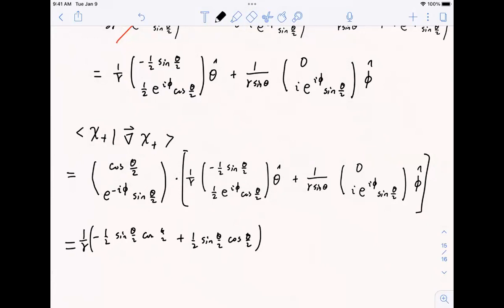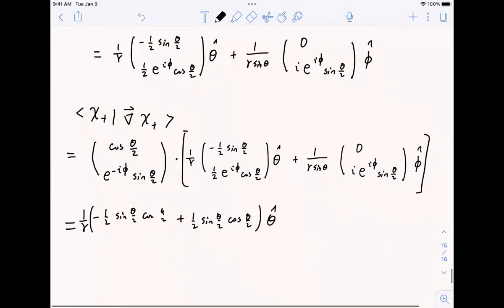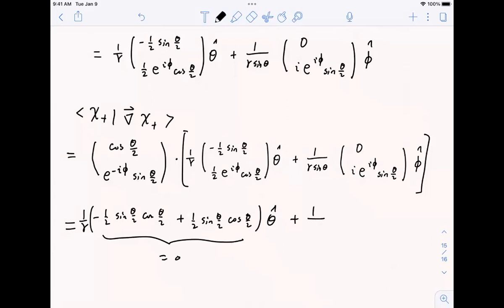Okay, and this one is just 0. Okay, so plus this, then you have 1 over r. So this one times this is 0, and this one times this, you get I sine theta over 2 squared.